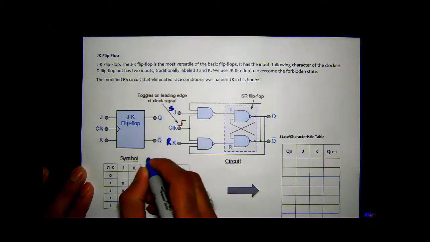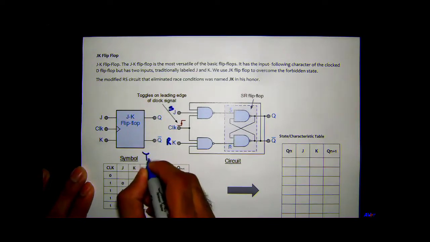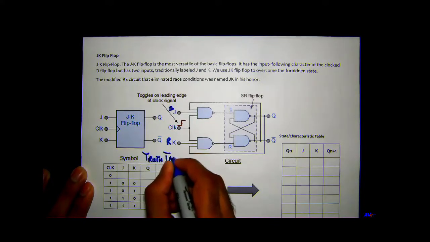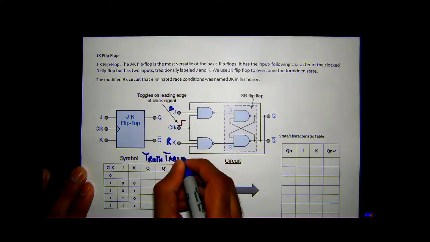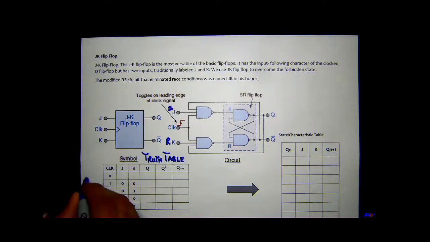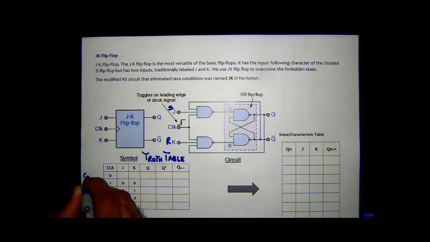So this is our truth table right here. We have different cases here, like we have done in the past. So this is case 1, in which clock is 0.